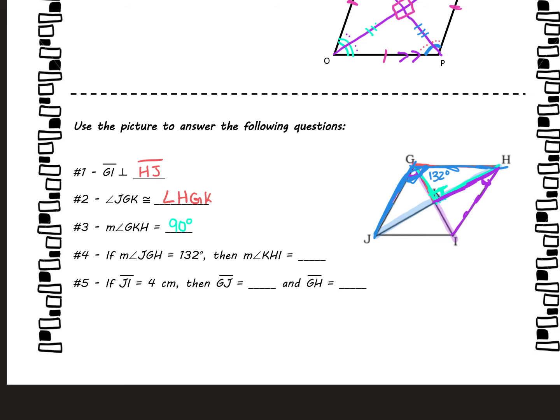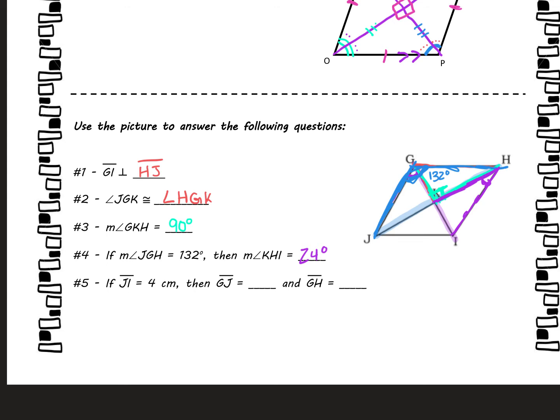And so if we know that JGH is 132, we know that the whole angle H is going to have to add with that one, the whole angle that we're talking about, JGH, to equal 180 degrees. So we will get that the angle GHI is going to be 48. And then I'll divide that by 2 to get that one portion, which is 24 degrees.